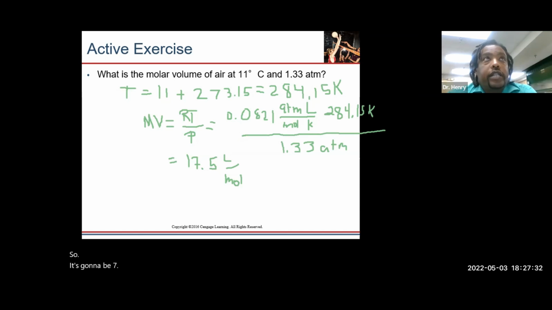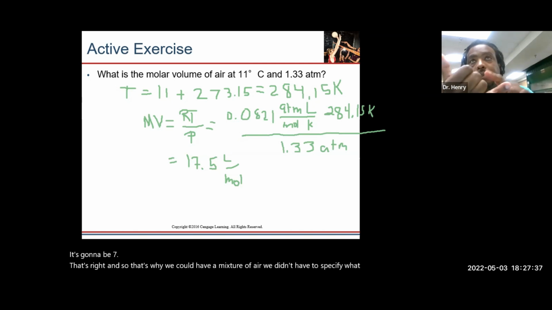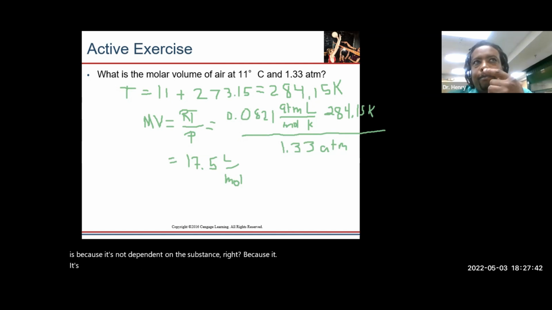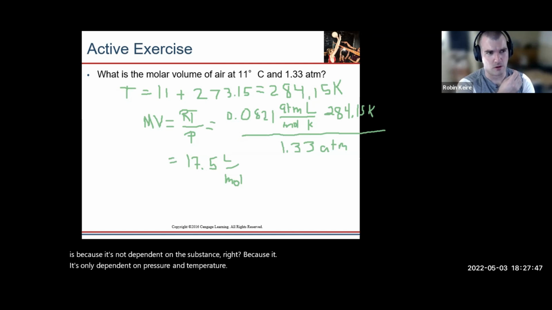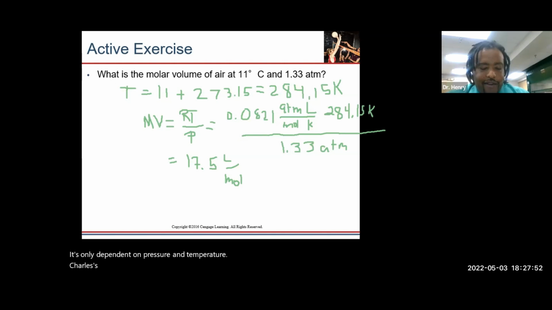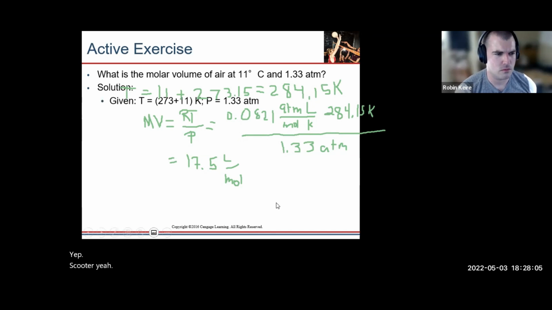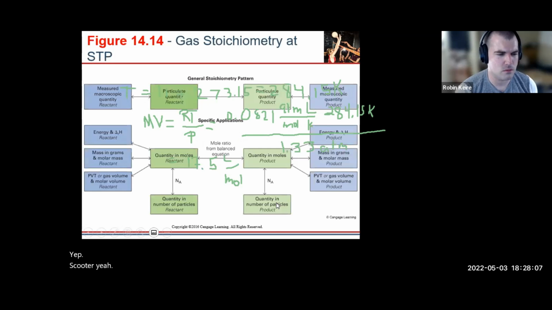That's right, and that's why we could have a mixture of air. We didn't have to specify what it is because it's not dependent on the substance. It's only dependent on pressure and temperature. So Charles's law? Yeah. Sort of.